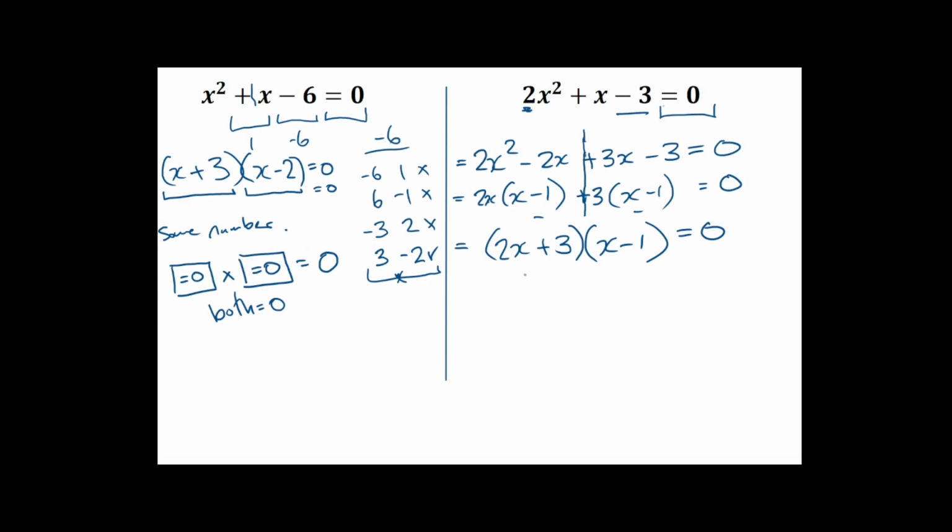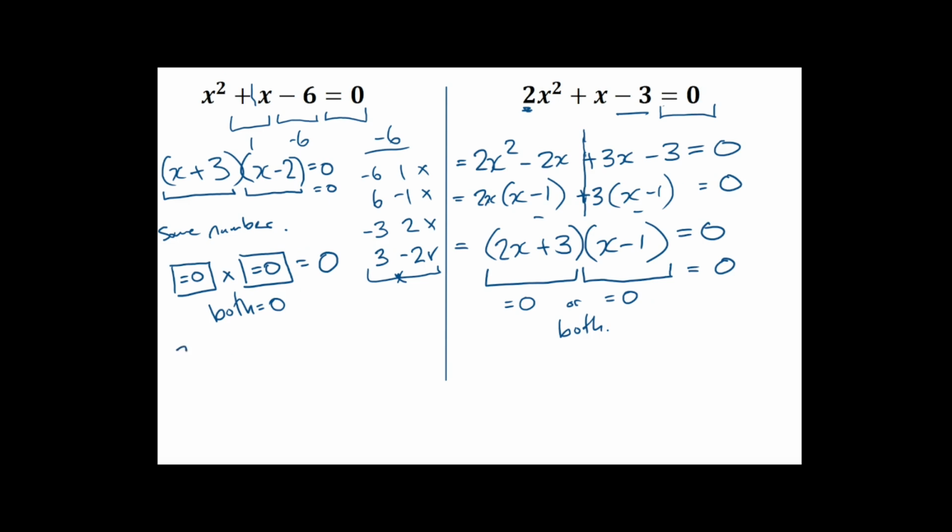And it's the same thing here. It's everything in this bracket times everything in this bracket equals 0. So either everything in this bracket equals 0, or everything in this bracket equals 0, or both. And I'm going to set both of them equal to 0 and solve it.